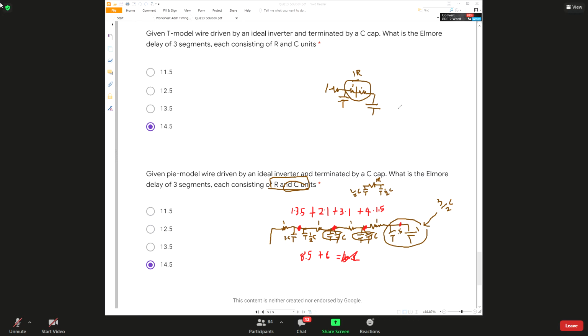Any other questions? I'm still a little confused. Where did the 2 come from to multiply by the 1 capacitance, and where did the 3 come from? For this node, your resistance of the path down to the ground is 1.